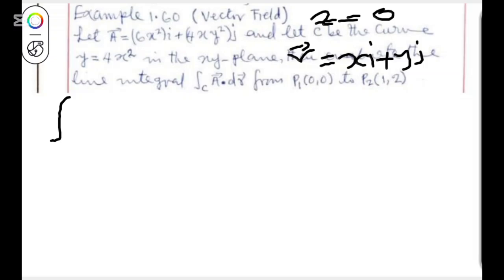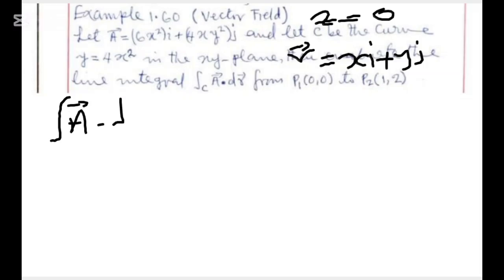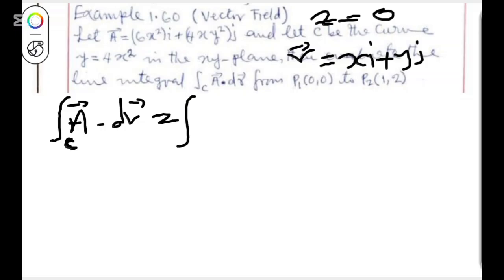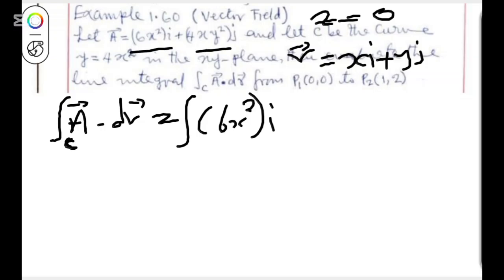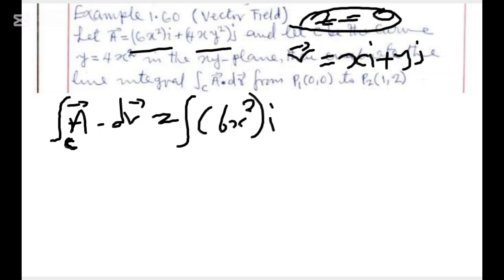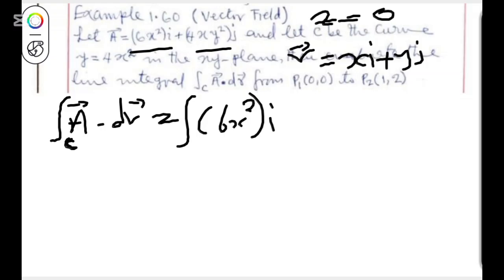Then I have to say the integral along the curve C, at the limits, of the vector A dot dr is the same thing as an integral of 6x squared i, this is for i, this is for j, because I said the vector r should now be only this, because z is 0, we are not having z, which is for k.